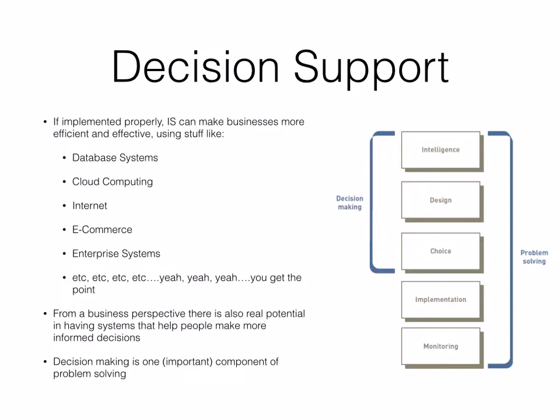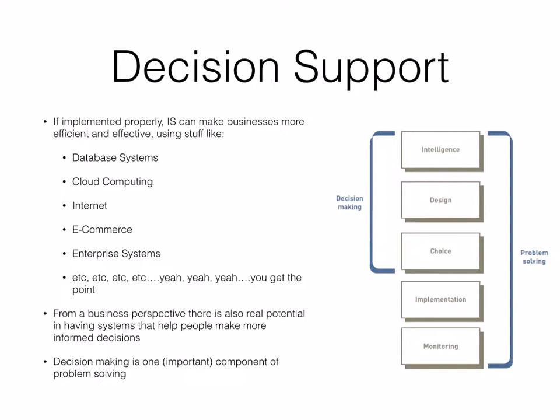steps to solving a problem, and there's lots of tools that can help you do this. What I have here is a graphic that comes from some very academic work, but I think it's helpful to understand the different steps in solving a problem.